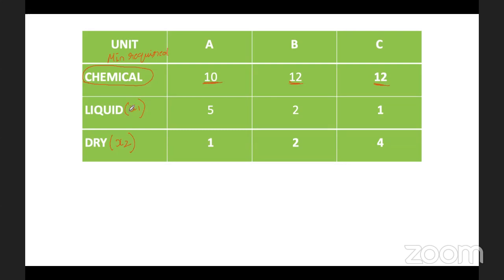X1 symbolizes that it falls under the category of liquid product, whereas X2 symbolizes that it falls under the category of dry product.